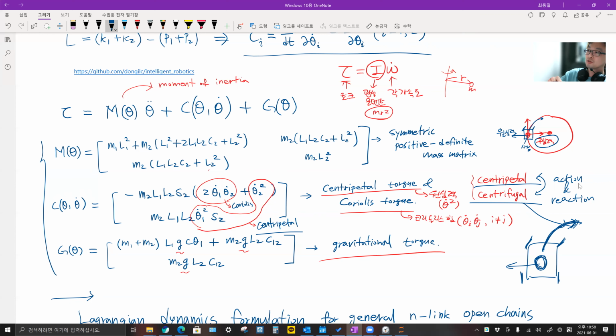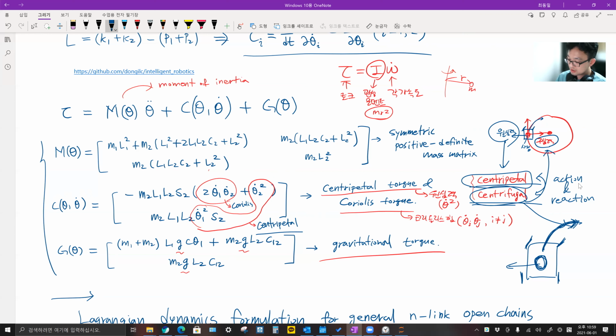If you turn the handle like this, then the person feels the outward force. This one is centrifugal. In Korean we call centrifugal 원심력, and centripetal 구심력.